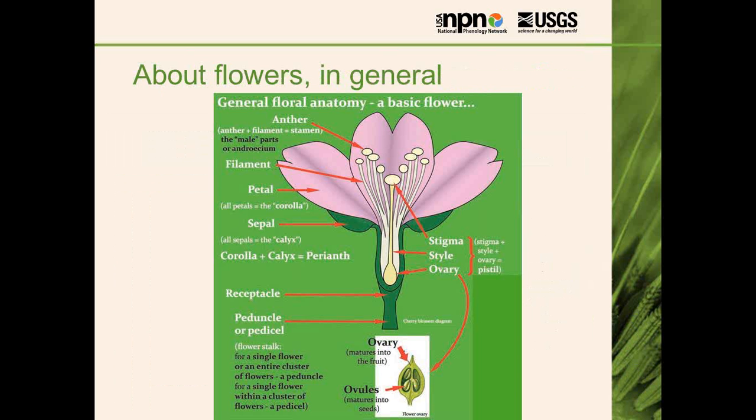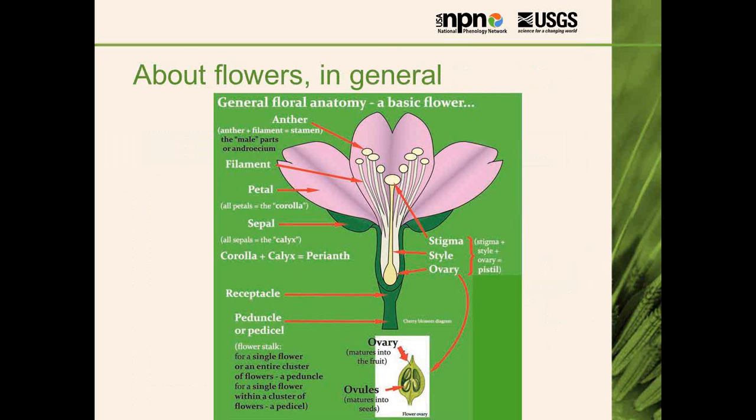Okay, so we're moving on from leaves to flowers now. Just to give you a little bit of background on flowers, this diagram here shows a basic or regular flower. There's quite a bit of variation in flowers, so they won't all look exactly like this.